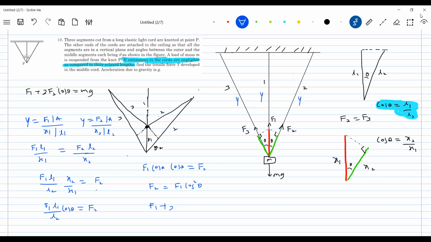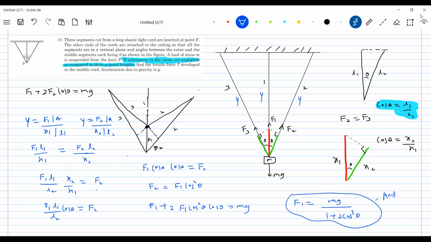F1 plus F2, and F2 will be F1 cos square theta times cos theta. So what is F1 equal to? Mg by 1 plus 2 cos cube theta. Okay, this will be what is asked here.